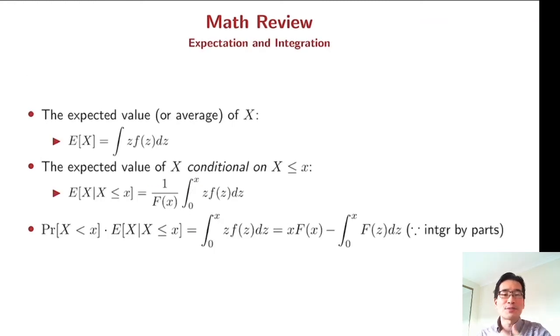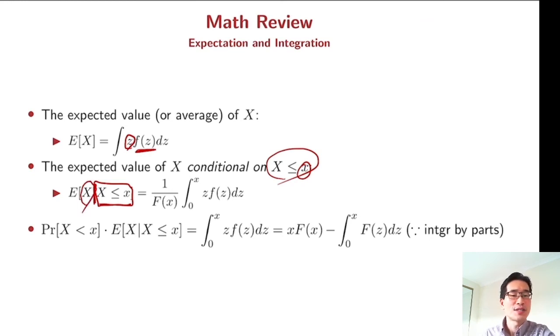Please also remember the expectation, or average, of a random variable. That is the integration of that random variable with the density function. And conditional expectation is denoted by this notation. So for instance, the expected value of x conditional on x being smaller than a particular number x. That is conditioned, and we take this expectation, that is the integration from 0 to x divided by F of x.